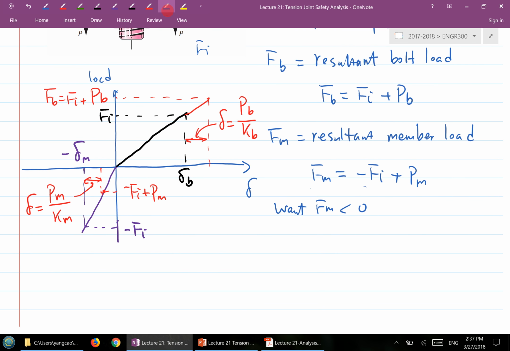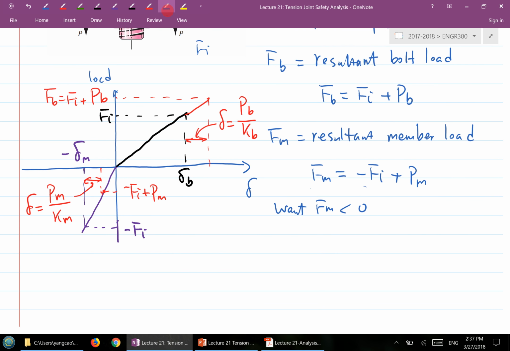Right, that gives you this relationship. At the same time, bear in mind you also have the original relationship: Pm plus Pb is the total external force, capital P, right? Total external force, capital P.